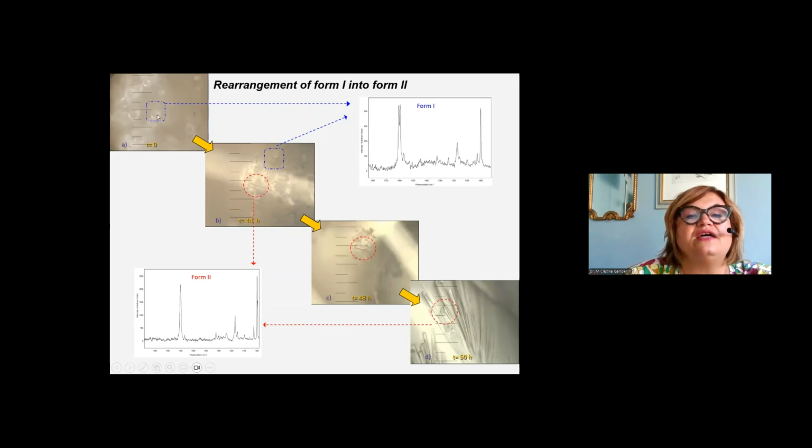We realized that at the beginning it was form 1, then after 44 hours it was form 2, and then at the end, after 48 and 50 hours, it was form 3. This shows that during crystallization, forms can modify themselves into another. So you need to identify and crystallize also during the crystallization. And in this case it was done through the holders, through the glass.